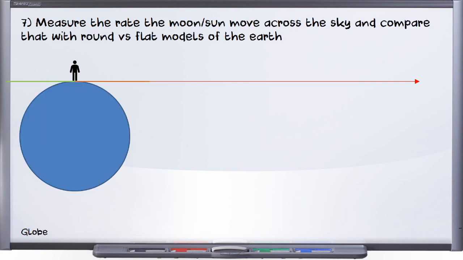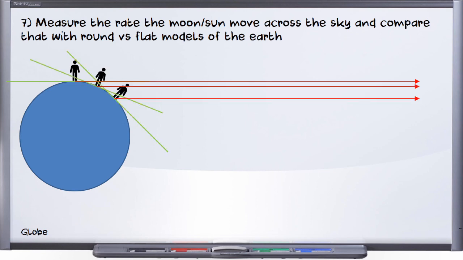Okay, so as long as we're watching the sun or the moon moving across the sky, let's time it. Let's measure the speed of the sun or the moon as it moves across the sky. So we have here an observer at sunrise, takes a measurement, and sure enough, the sun is parallel with the ground.